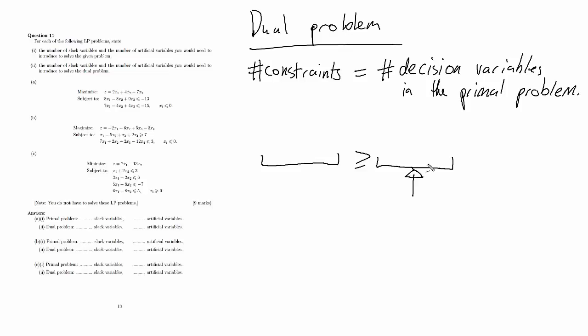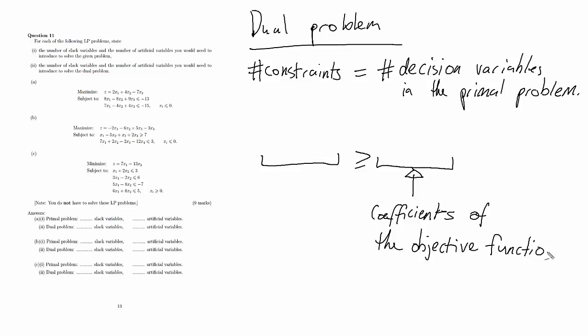And what appears on this side are the coefficients of the objective function. It's important to remember to consider the problem as a maximised problem before we convert it into the dual problem.